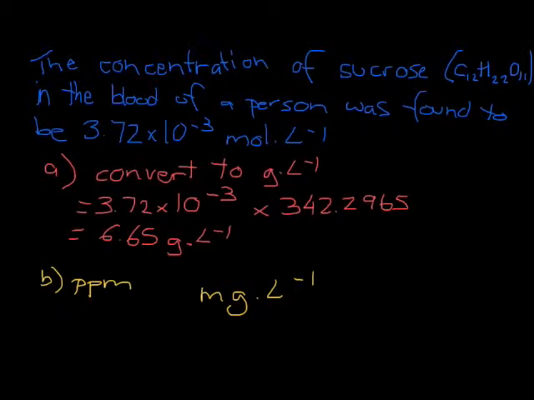So we'll end up with 6.65 by 10 to the minus 3 ppm. Okay, and the same train of thought for parts per billion, but this time we're interested in micrograms per litre. So we're going to divide by another 1,000, which gives us 6.65 by 10 to the minus 6. And this time we've got parts per billion.